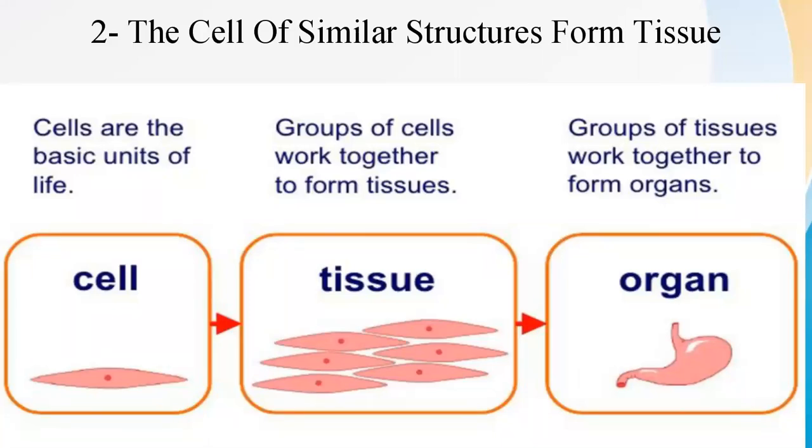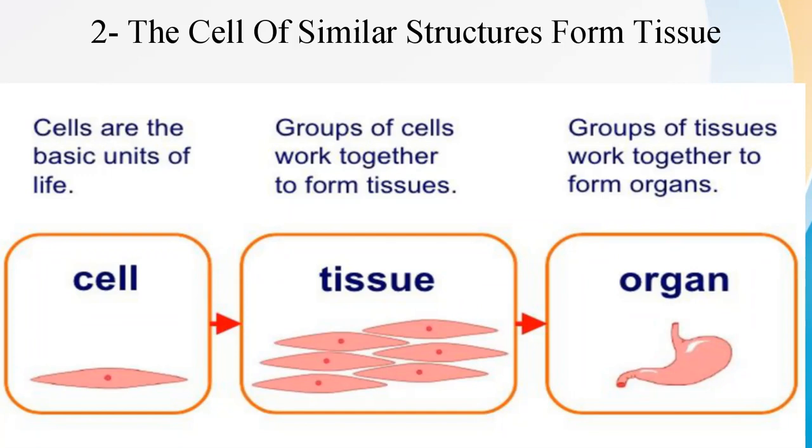Cells are the basic unit of life. Number one is the cell here. This is the cell. Cell is the basic unit of life. Everything which is alive must have a basic unit, the cell. A cell is composed of many parts, but three parts are very essential, which I told you in the previous chapter.